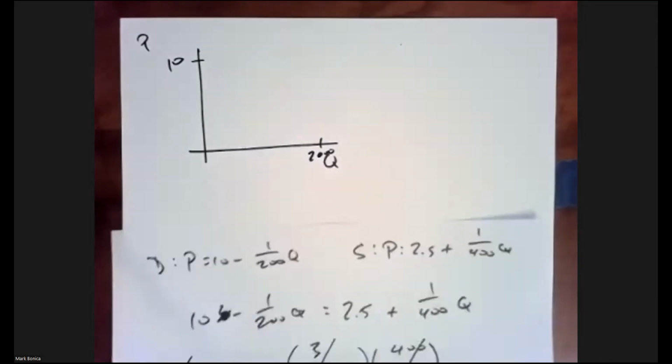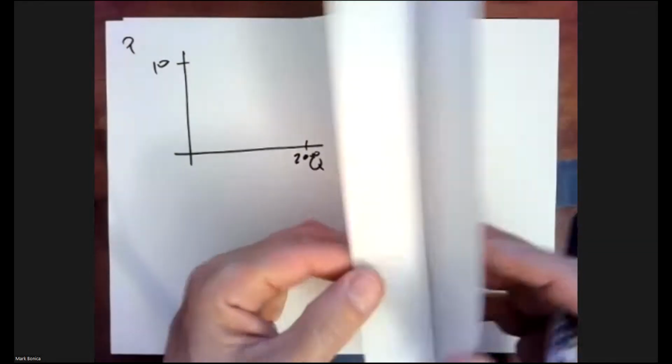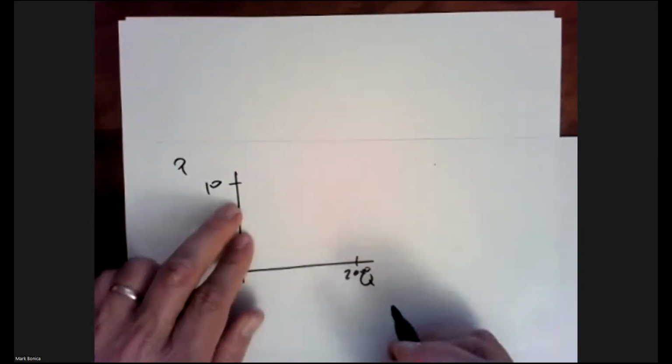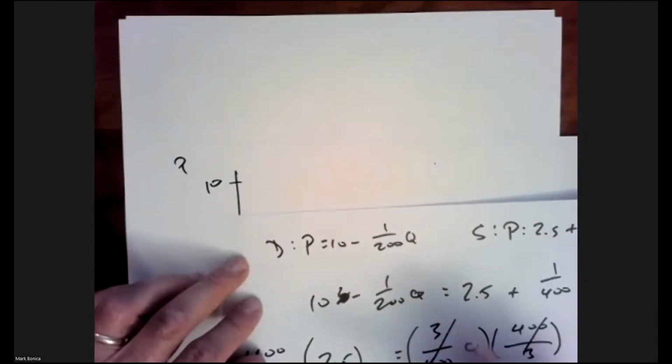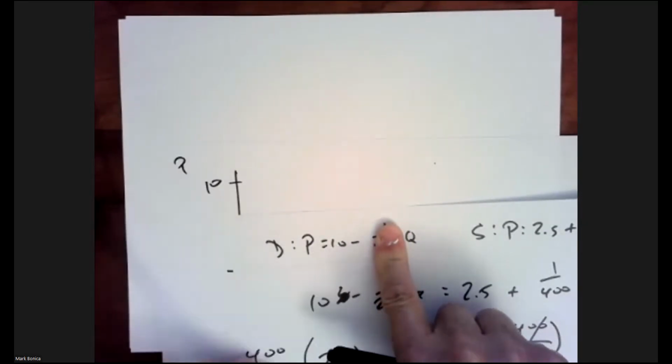I'm doing that in my head, just so anybody who's getting lost can follow. I found the y-intercept, which is really easy. All I have to do is set Q equal to 0. That term goes away, and all I'm left with is 10.